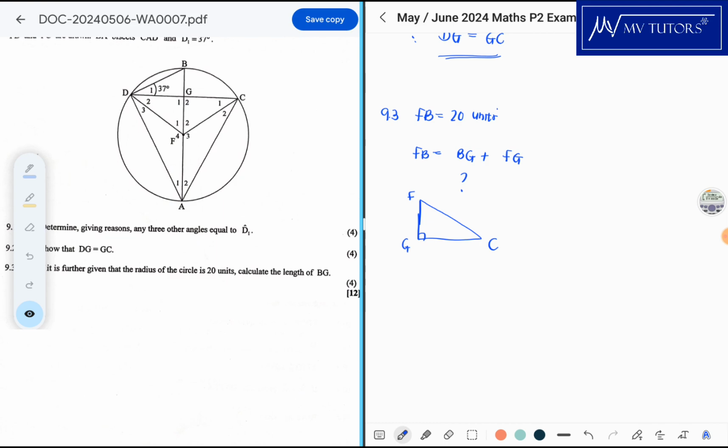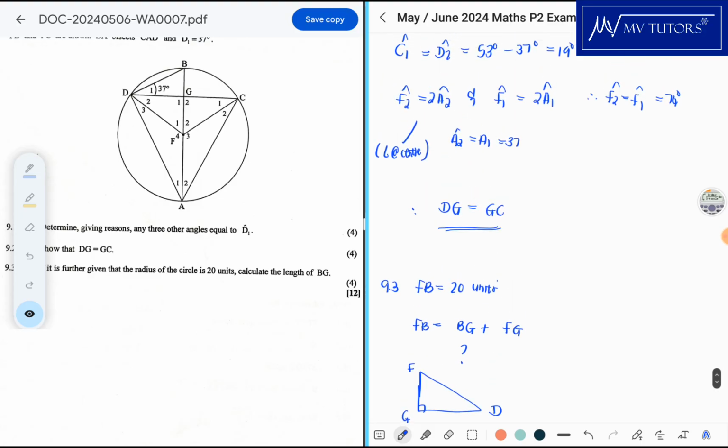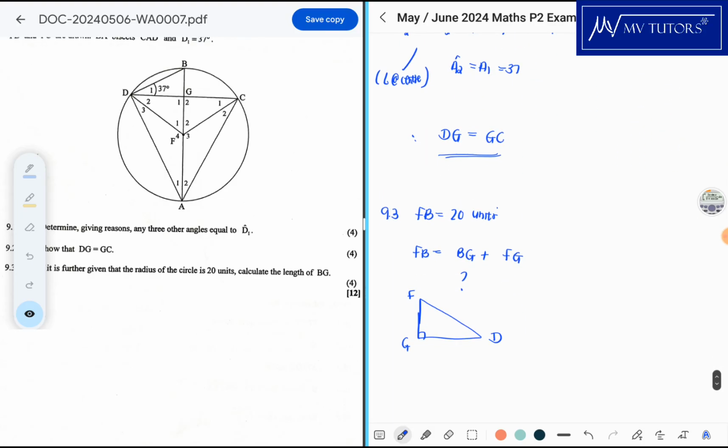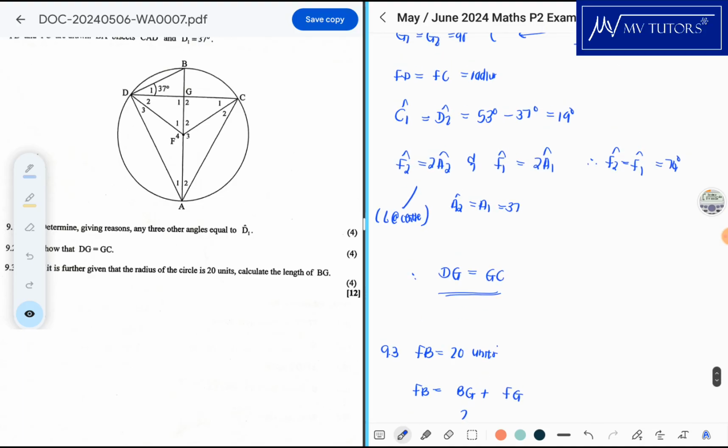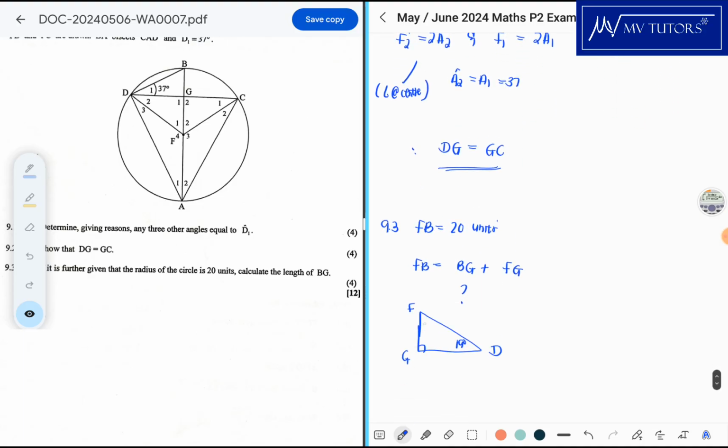But instead of looking at FGC, or maybe FGD, let me just see what information I have. I know that G is 90 degrees. I know that D, which is D2, I've already solved it. It's 19 degrees. And F1, I also solved it. It's 74.